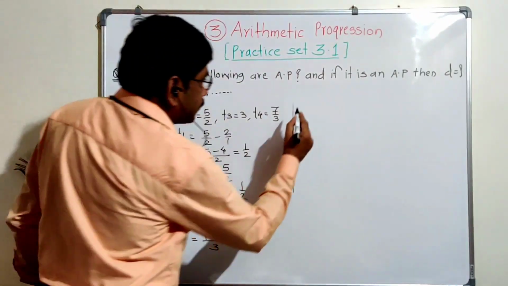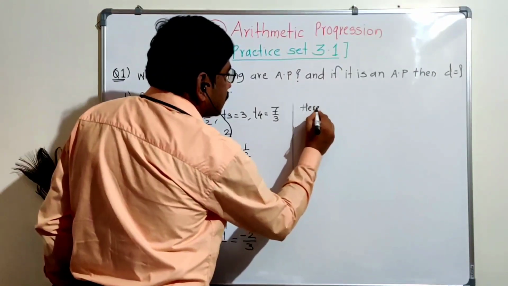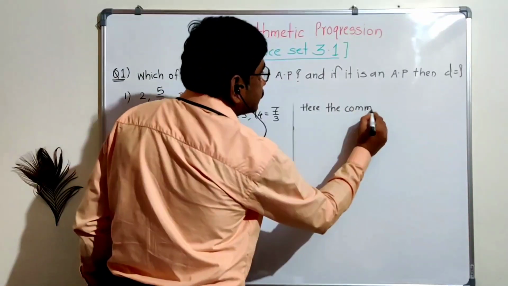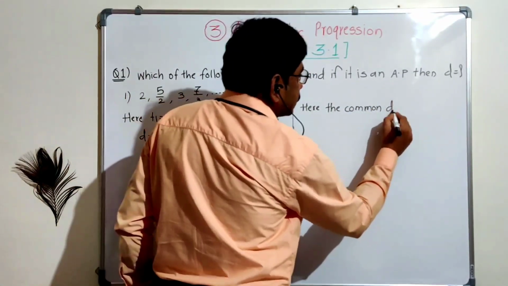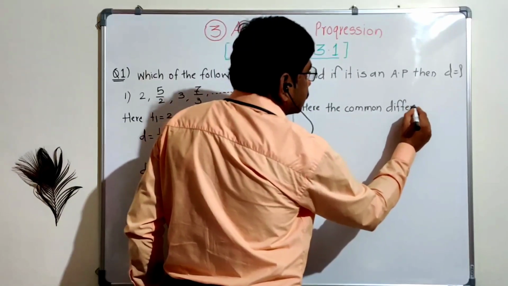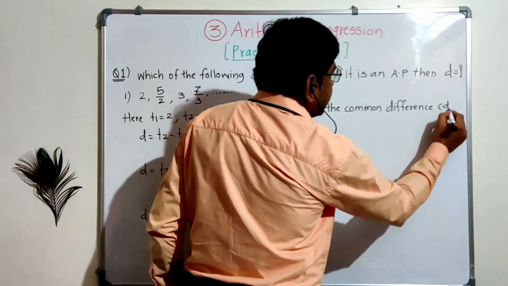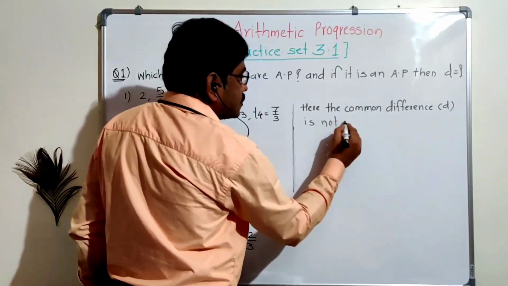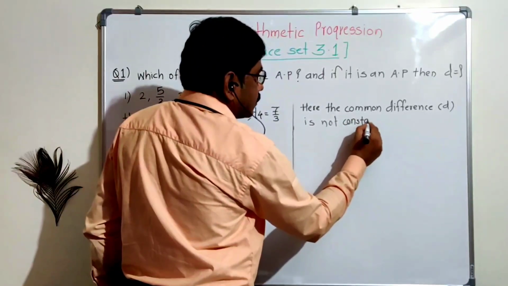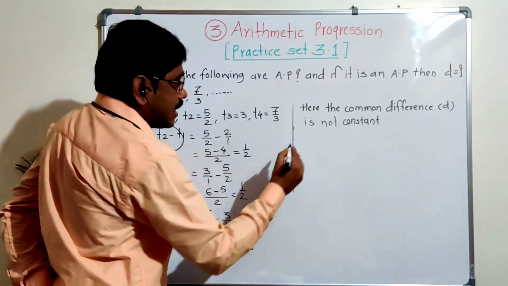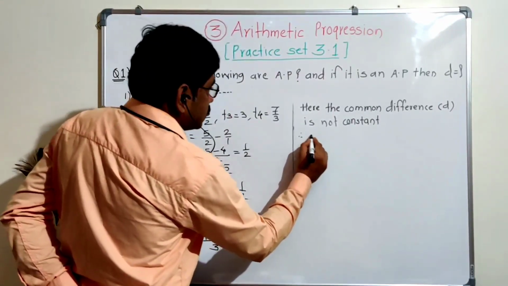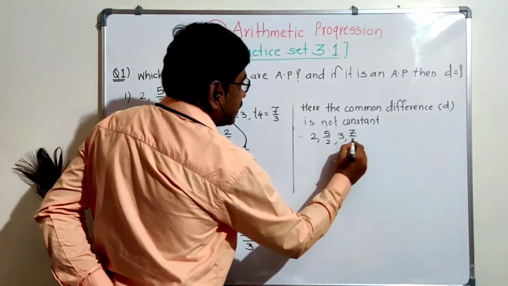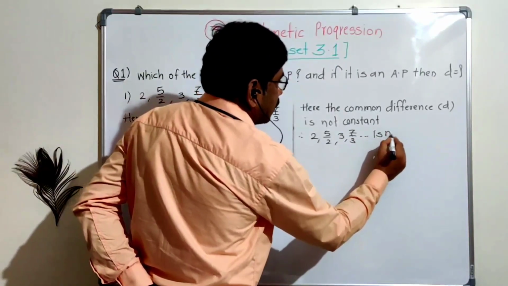So what we can write? The common difference D is not constant. Here D is not constant, and therefore our conclusion is that 2, 5 by 2, 3, 7 by 3 is not an AP.